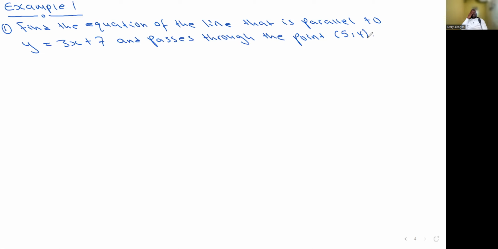Okay, find the line that is parallel to y = 3x + 7 and passes through the point (5, 4).